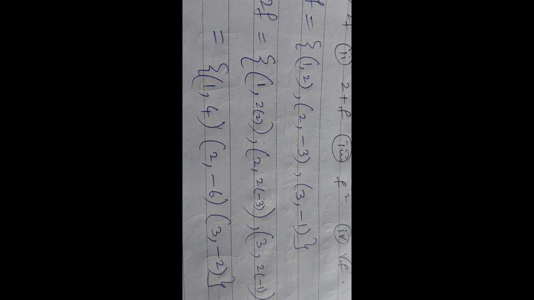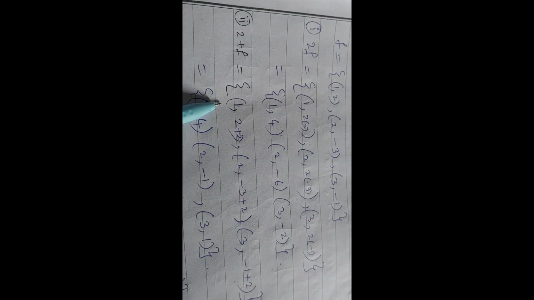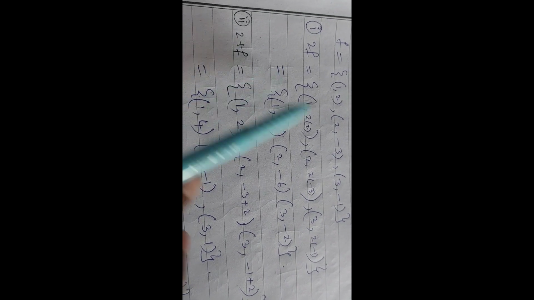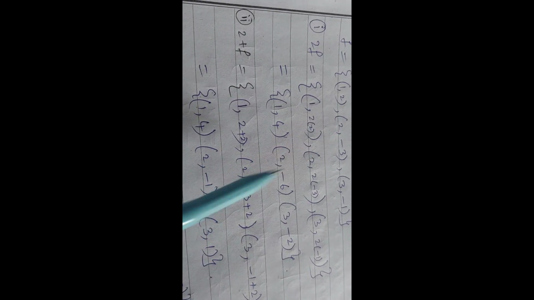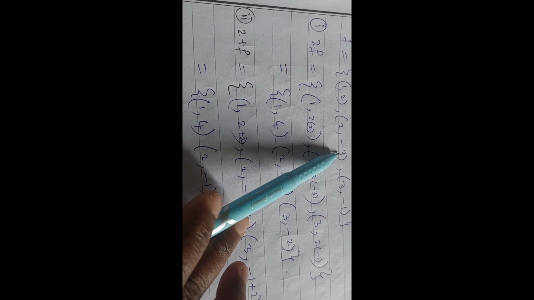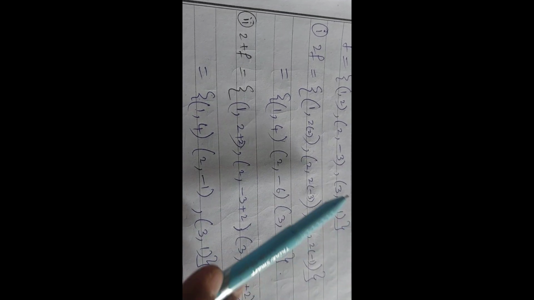So 1 as it is and 2 into 2, 2 as it is, 2 into minus 3 and domain 3 as it is, 2 into minus 1 will give you (1 comma 4), (2 comma minus 6), (3 comma minus 2). Next he asked 2 plus f. So we have to add 2 to only the y parts, only ordinates, only codomain range. So 1 as it is, but here we have to add 2 plus 2, next 2 as it is, then we have to add to the second part minus 3 plus 2, and 3 as it is and minus 1 we have to add plus 2.